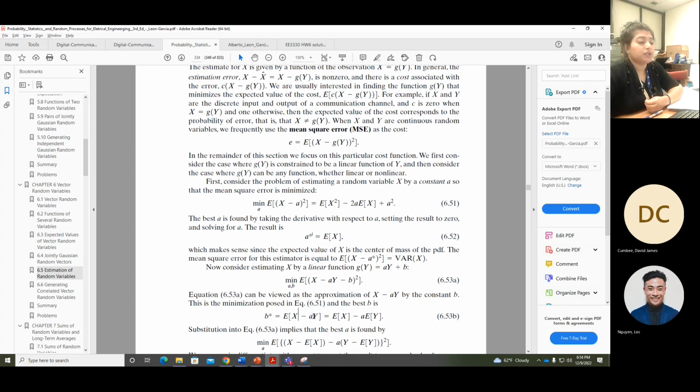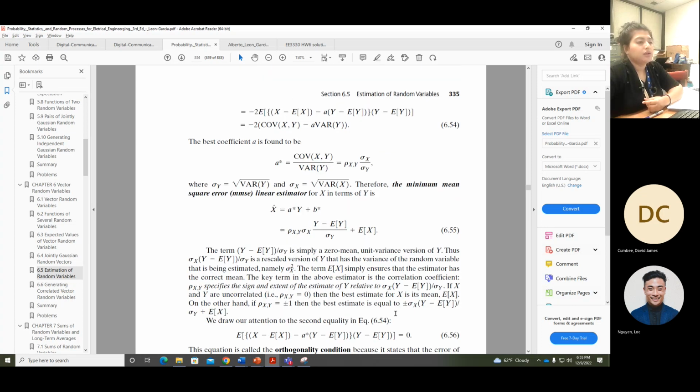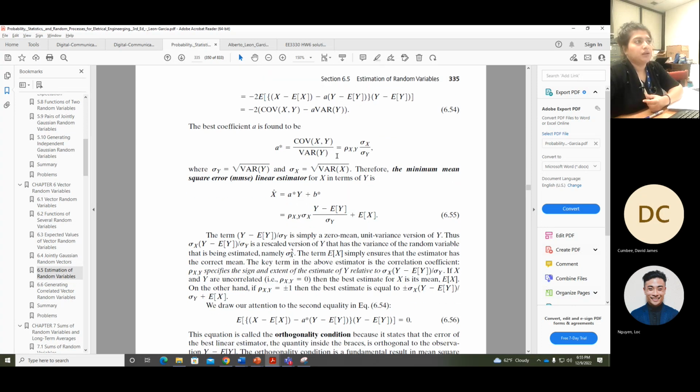Once you find both the A star and the B star, you differentiate with respect to A again and find A. So this process keeps on repeating, and you come up with the next set of A stars and B stars. Then it arranges itself in a nice, neat formula that you have out here.